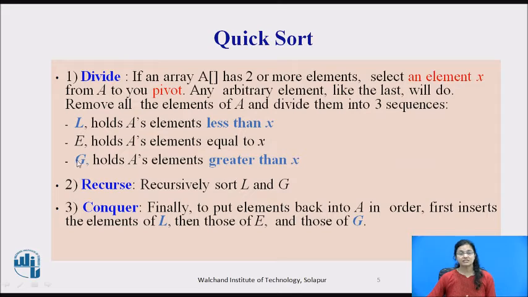And in the G section, the numbers greater than the pivot will be on the right side of the array. The L section will be at the left side of the array and the E section will be preserved. Afterward we recursively sort these, and finally put all the elements in the array A: first the L section, then the E section which are equal, and then the G section which is greater than our pivot.